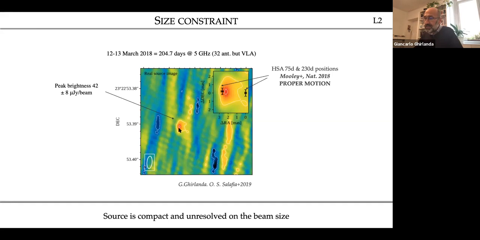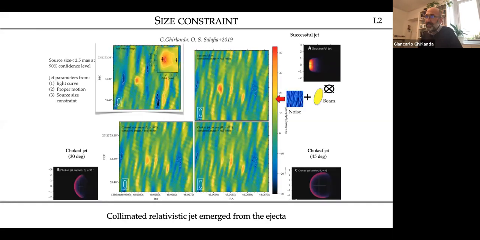And to understand this result, we can play a very simple game. We can build a model for a structured jet and its competitor, the choked jet model. We build up the image that we expect in the radio band, we fold that with the noise of the real radio images, and we compare, in this case by eye, though of course there are quantitative methods to perform this comparison.